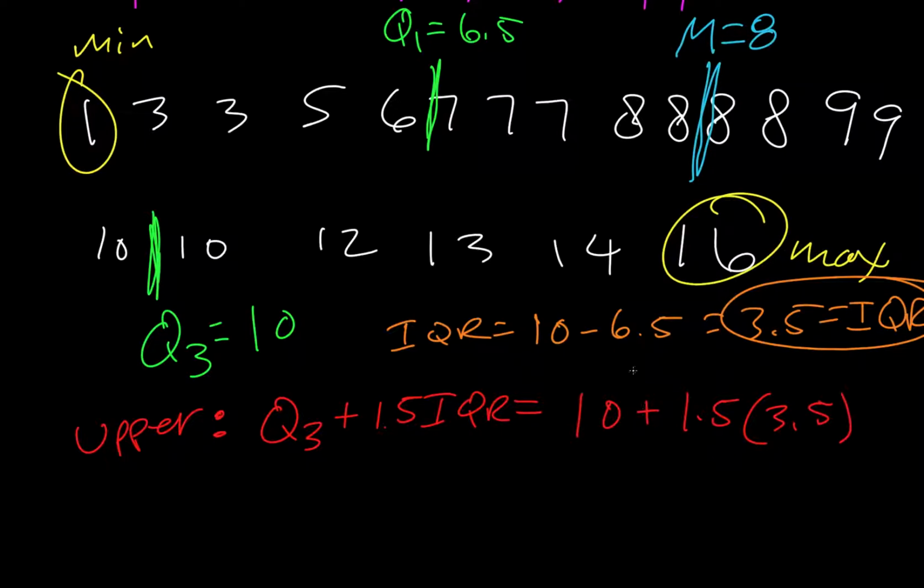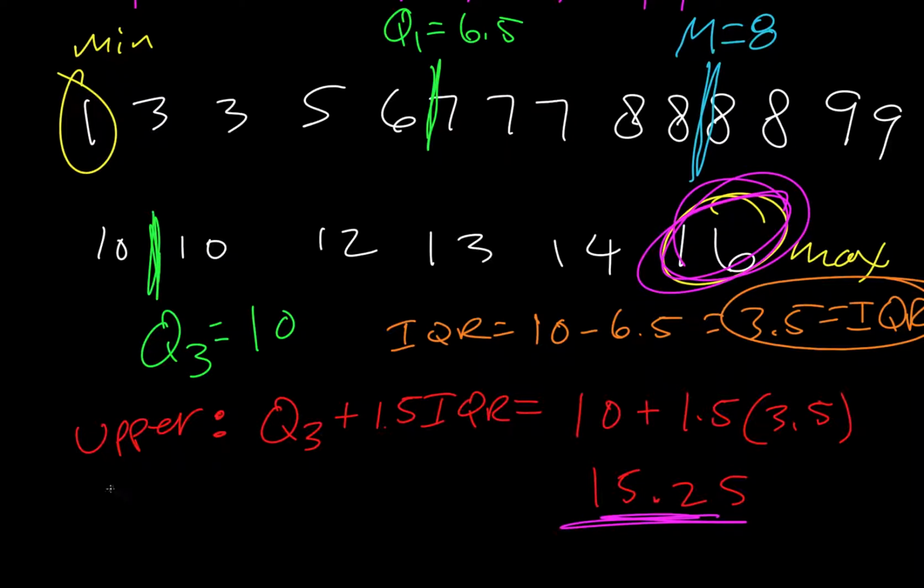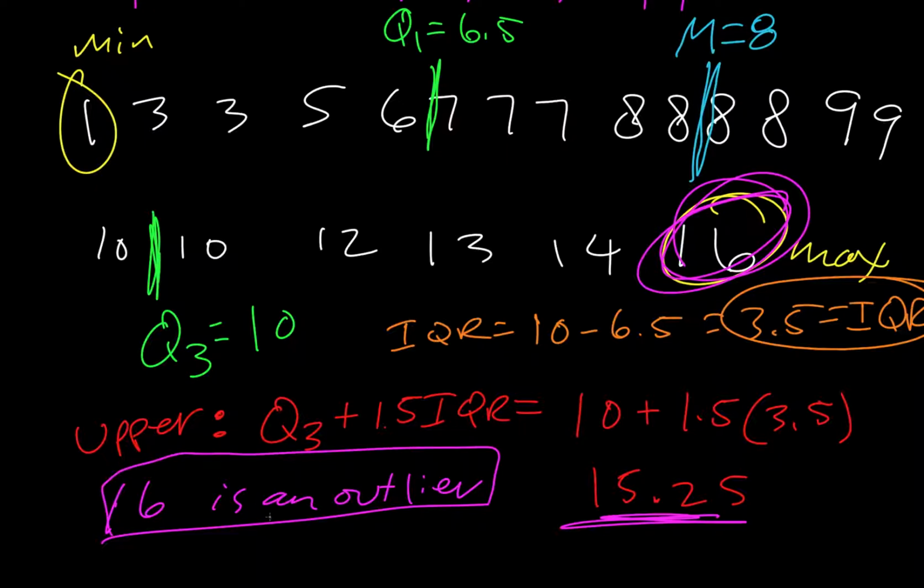And if we put that into a calculator, we're going to see that our upper bound is 15.25. So since 16 is above this number, 16 is an outlier.